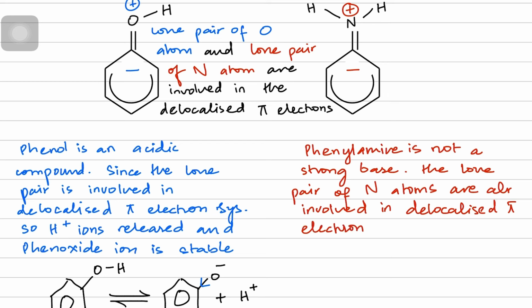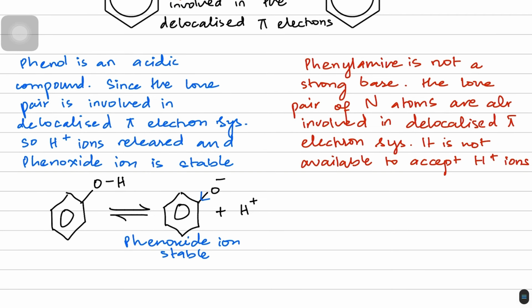And when they're involved in this pi electron system, it is not available. By it I mean actually the lone pairs. So the lone pairs aren't available to accept hydrogen ions, and that is why phenylamine is not going to act as a base.